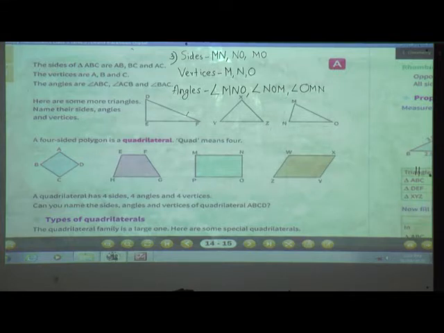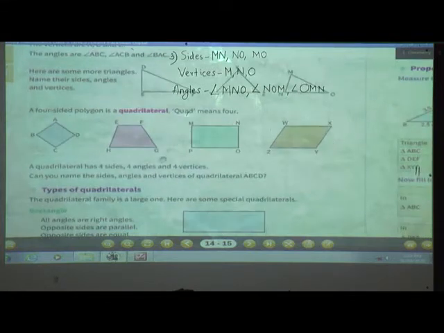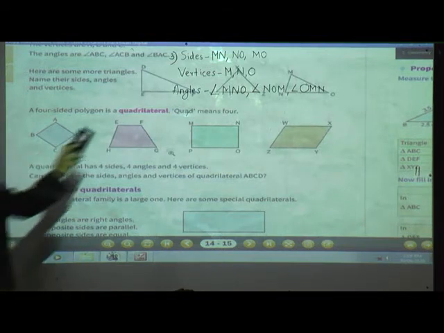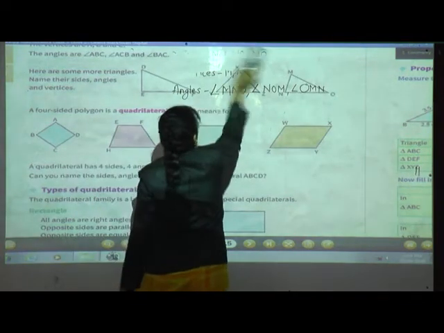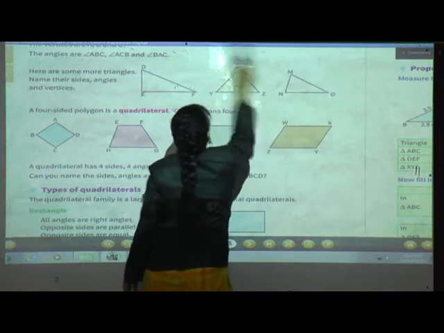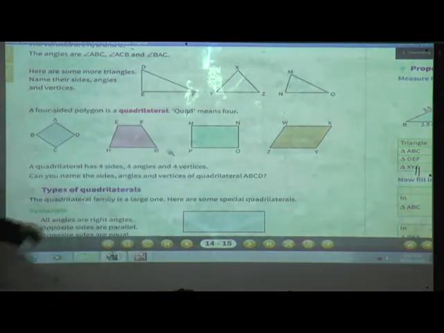quadrilateral. What is that? Quadrilateral. Polygon. See students, a four-sided polygon is a quadrilateral. Quad means four.